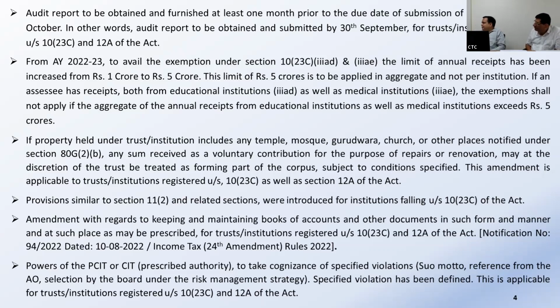Is Form 10AB required for trusts which already exist and have filed? The 10AB form is for the renewal. Suppose you have taken a provisional registration, then going from provisional registration to regular registration, in that case you need Form 10AB. But even for existing trusts, what they are giving is a provisional registration certificate only.